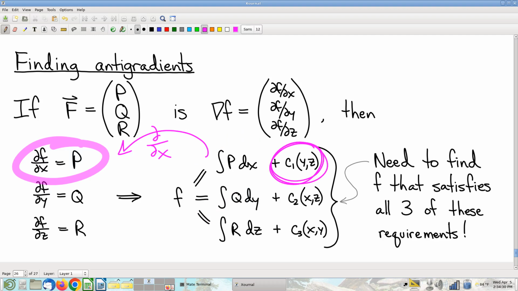Any function of only y and z will go to 0. So for the same reason that when you take a single variable antiderivative, you always have to say plus c at the end, likewise, when you're taking a partial antiderivative, you have to put in what we call a partial constant.